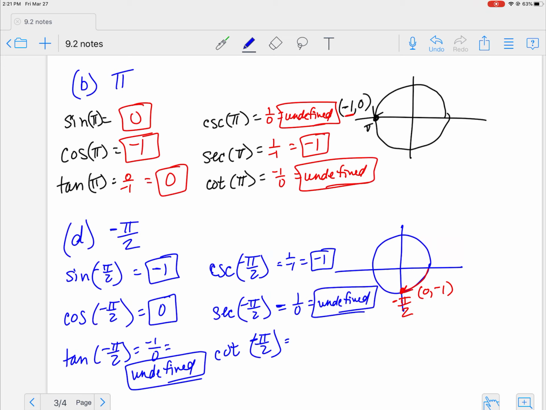Secant is going to be 1 over 0, and that one's undefined. Good. And then that's a negative pi over 2. Here I have 0 over -1, so I have the value of 0. So you're just looking at those relationships, those reciprocal identities and those relationships that we're building up between all of your trig functions.